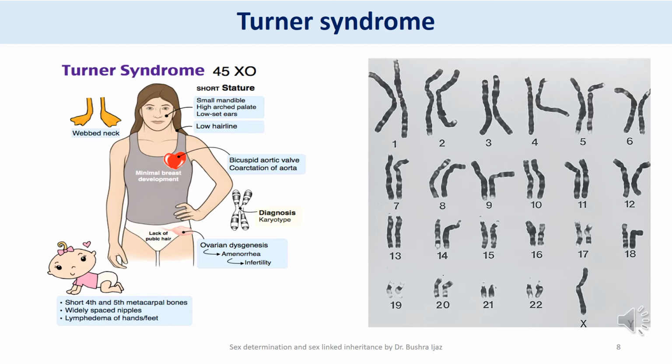As you can see on the right side, in the karyotype of this female, she has the normal 22 pairs of homologous autosomes, and you see one X chromosome, and the other X chromosome is missing here. So you can say that the chromosome complement is referred to as XO, having 44 autosomes and one sex chromosome, and the other X chromosome that females normally have is absent.